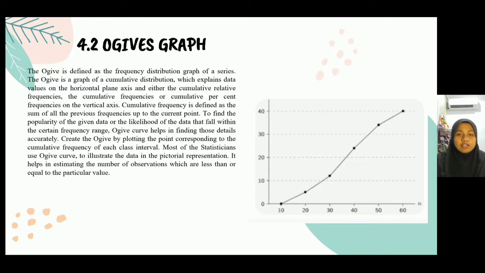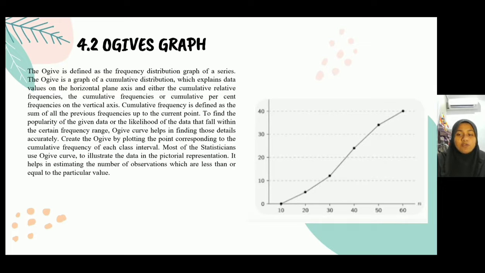Next, moving to the other graph, which is the OGIVE graph. The ogive is defined as the frequency distribution graph of a series. The ogive is a graph of a cumulative distribution which plots data values on the horizontal axis and the cumulative relative frequencies or cumulative percent frequency on the vertical axis. Cumulative frequency is defined as the sum of all the previous frequencies up to the current point.